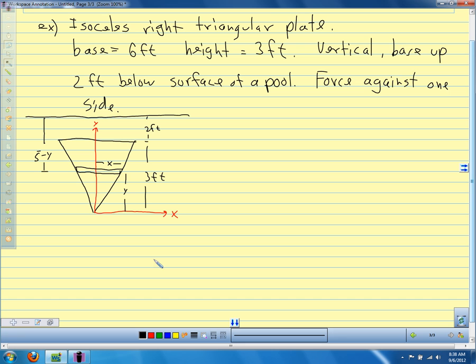There's a direct relationship between the y value and the width. So that's what we're looking for. So let me label some points here. Okay, so the side of the trough is a line, right? It's a segment of a line. So if we call this point 0, 0, what's going to be the coordinates of this point here at the corner?